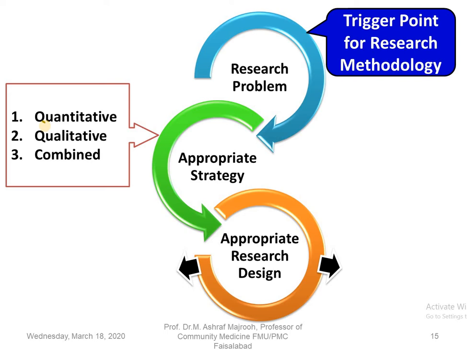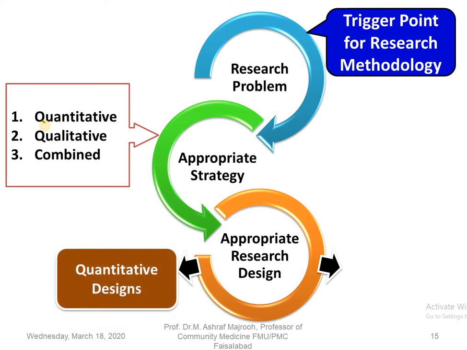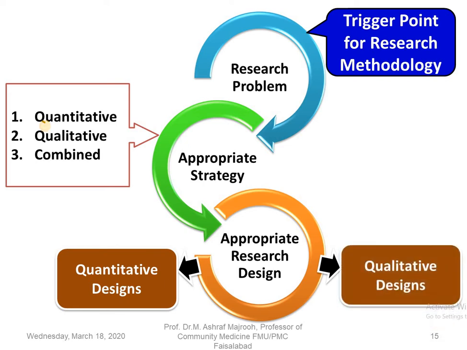So, the public health interventions are mainly based on the qualitative findings, because the factors that have to be addressed will be depicted through the qualitative research. So, never undermine the qualitative research. Then the design: here you will bifurcate, or you can choose appropriate research design, either quantitative, qualitative, or both.